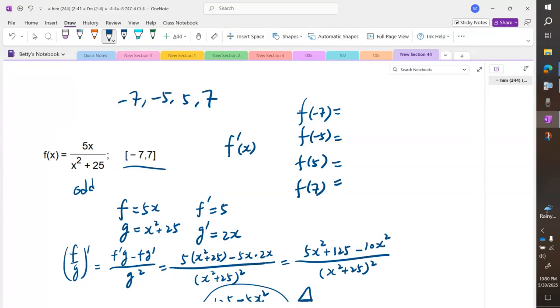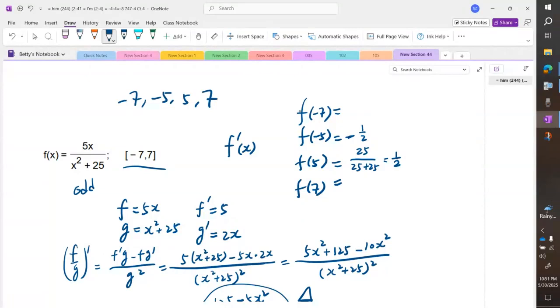You can reduce the calculation amount. If we plug in 5 in the function, the numerator is 5 times 5 is 25, and 5 squared is 25 plus 25. Bottom is 50, so half. Since it is an odd function, f of -5 is going to be -half.